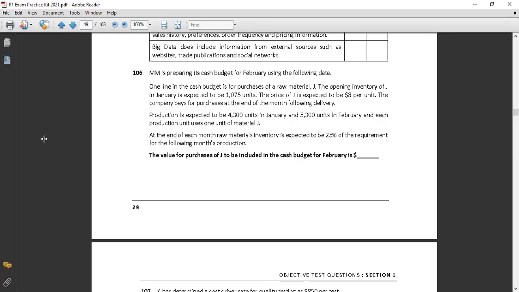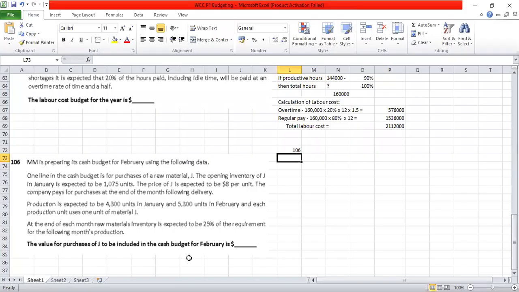This is only purchase. The value of purchases of J to be included in the cash budget for February is, we are not actually calculating the cash budget, but the value of purchases. That's what we have to calculate. No problem. Let's get back to the Excel file, question number 106.